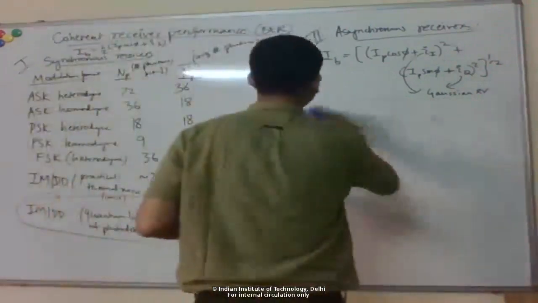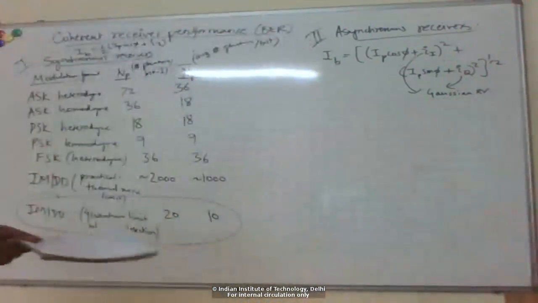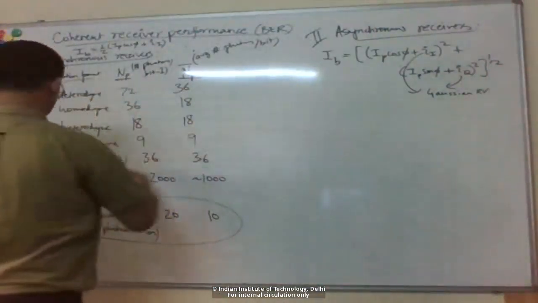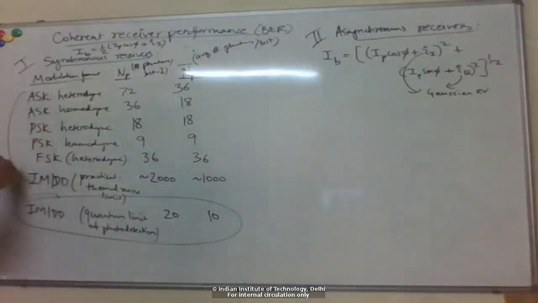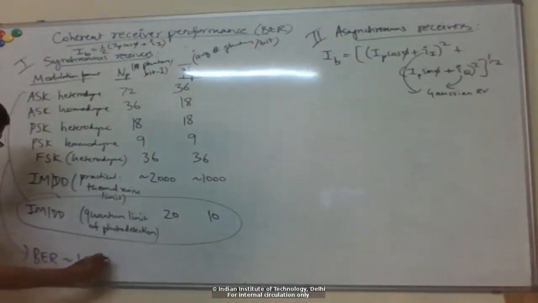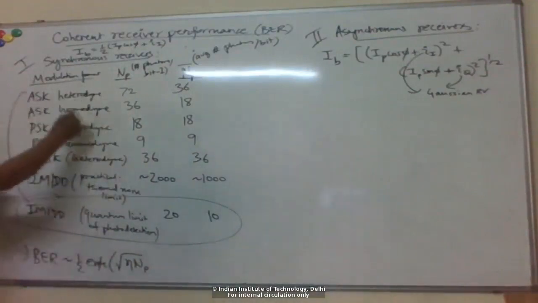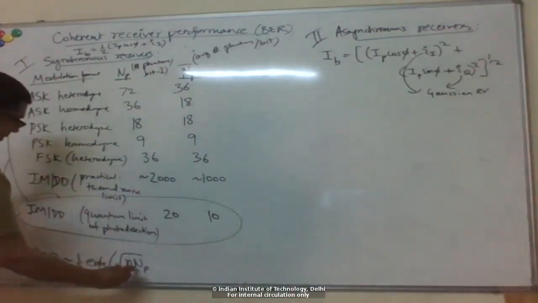Before that, if you recall, the expression for the BER for the synchronous case was something like the error function of the square root of the photon number with some factors depending on the different modulation scheme, either divided by 2 or 4 or multiplied by 2 or something.